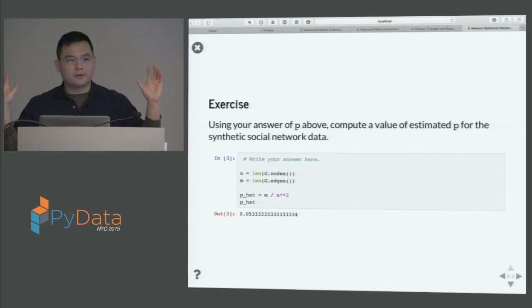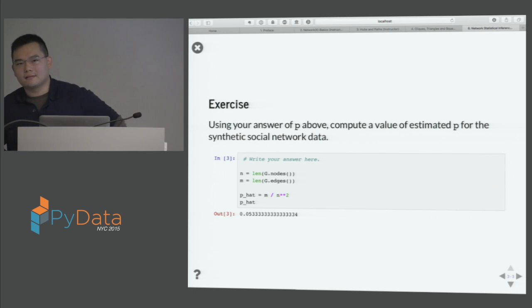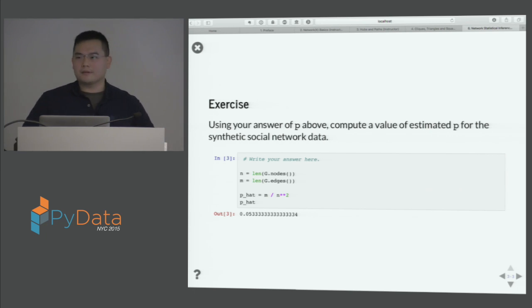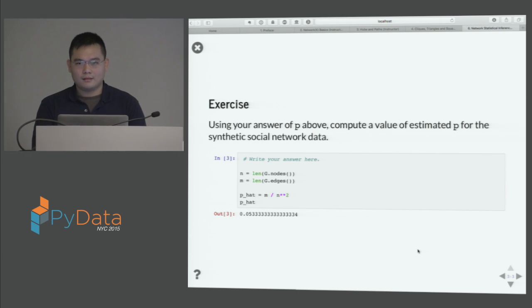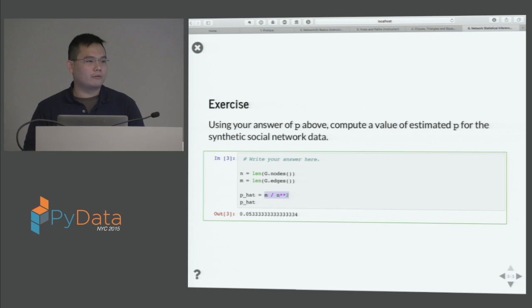So I have my answer. Don't copy it if you don't want to. You can copy it if you want to. If you had your own answer, work with it. Okay, so my answer, which is incorrect, but if you'll tolerate me for a few moments, my initial answer is m over n squared.